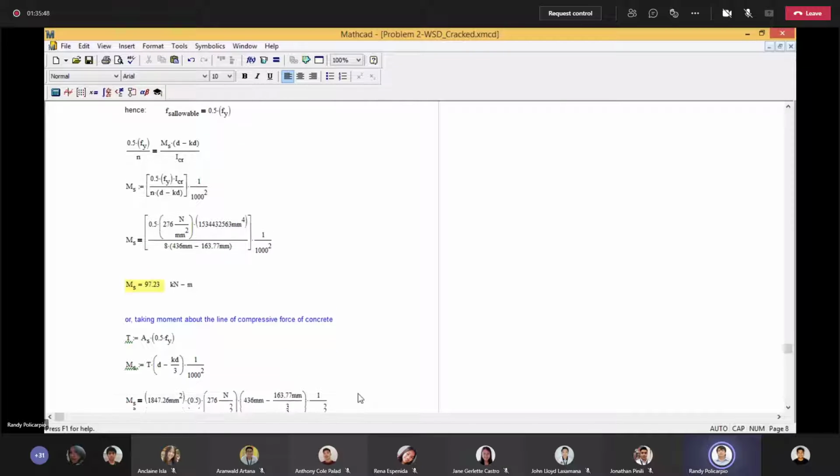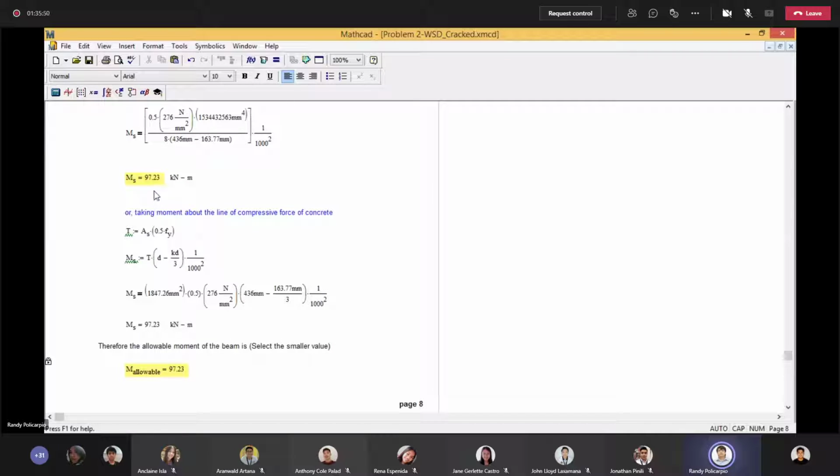Ano yung allowable moment natin ngayon? Yung mas maliit ang value. So the allowable moment, you select the smaller value between MC and MS. And the allowable moment for our section is 97.23 kilonewton meter.